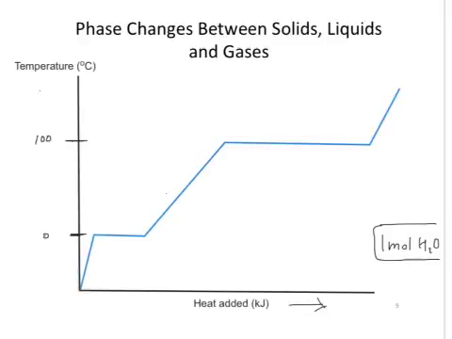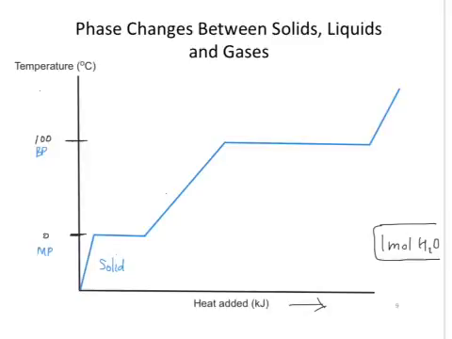Now, this is for water, and so hopefully you recognize the 0 and 100 degrees Celsius marks that I've put on here as the melting point (MP) and the boiling point (BP), respectively, for water. If we started at a temperature less than 0, we're effectively starting with the solid of water, or ice.